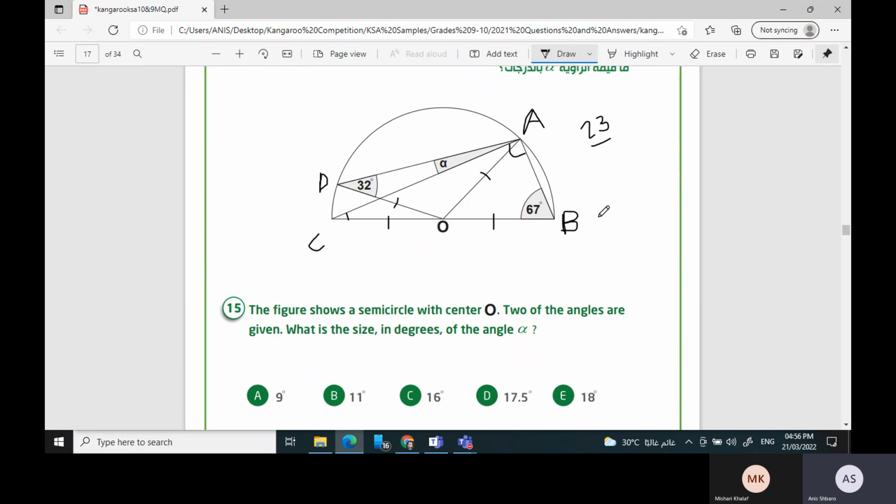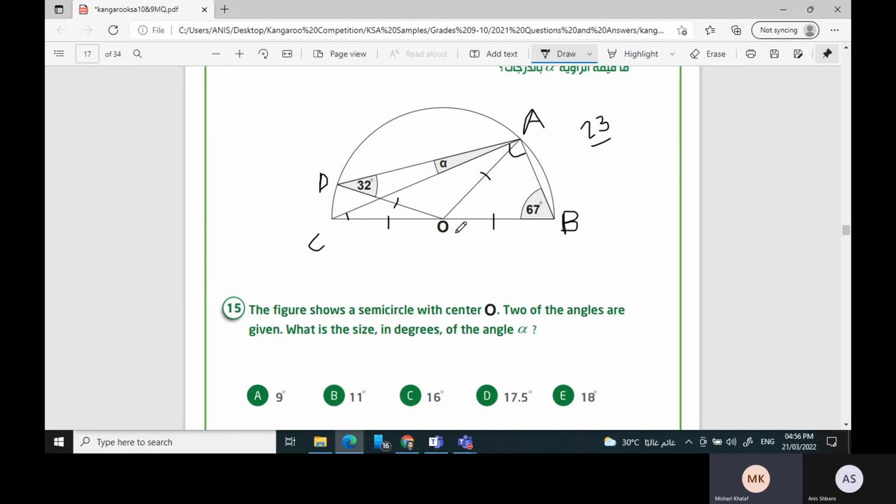Now, if you want to relate them, usually when we have a triangle with two equal sides, the triangle is called what? Isosceles. Yes, isosceles triangle. And a property for isosceles triangles is concerning the angles.